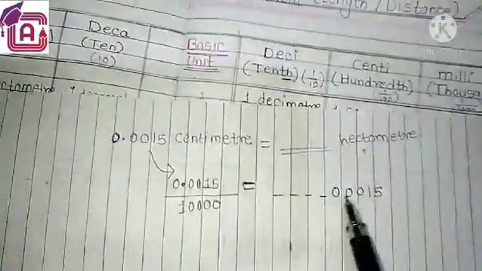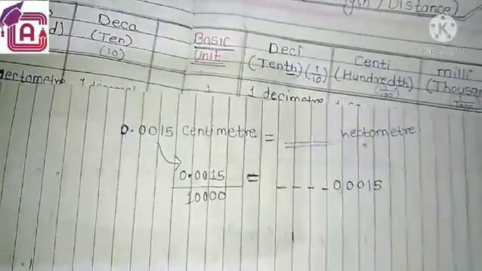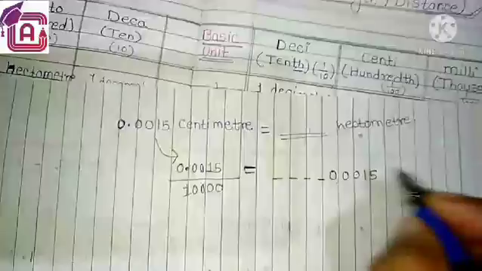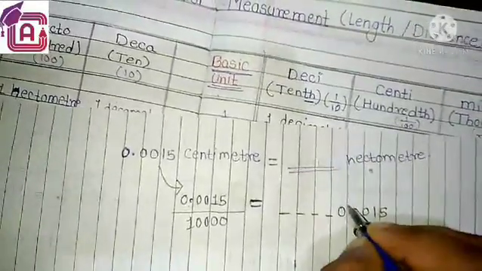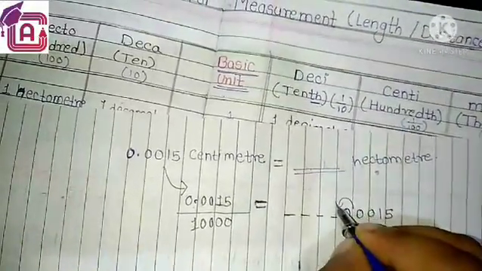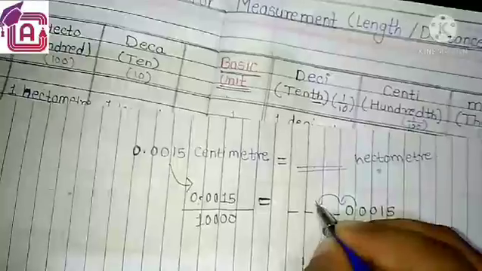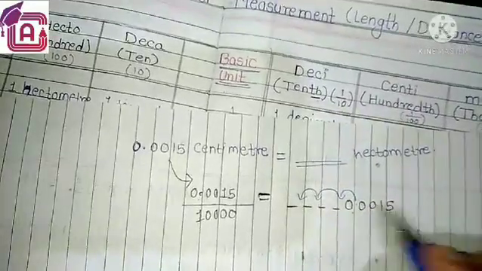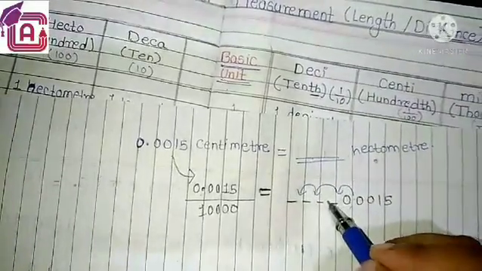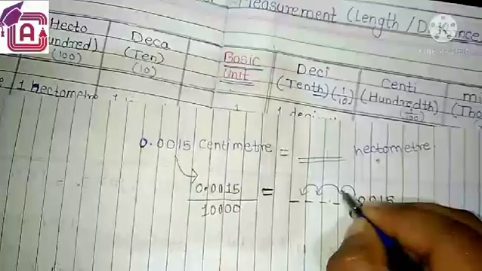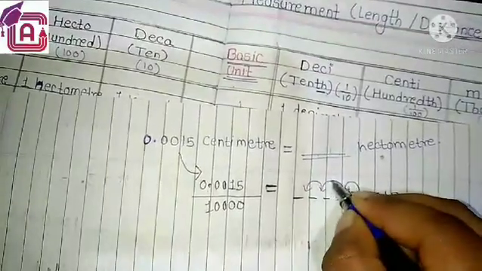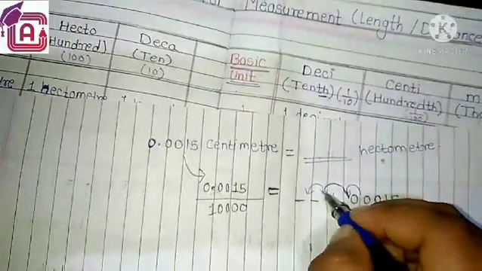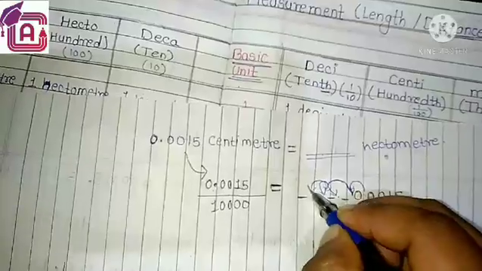First I am writing the 4 places we have to go back, and I am writing the previous number without the decimal point. Our decimal point is over here. Now it goes first, second, third, and fourth place.